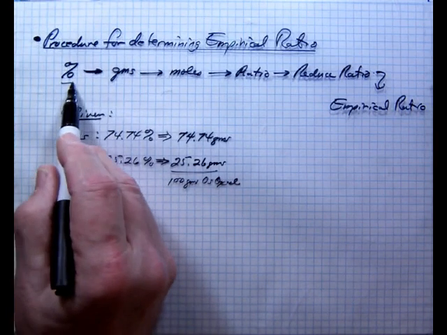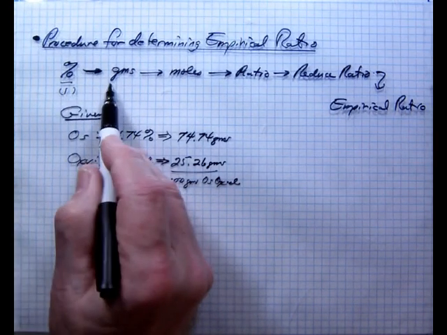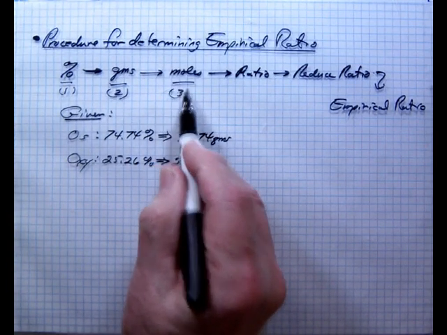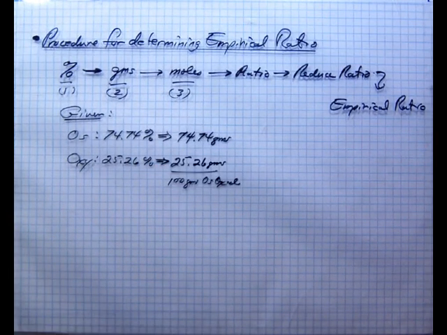Now that takes us from step 1 to step 2. Step 3 is calculate the moles. Divide by formula weight.